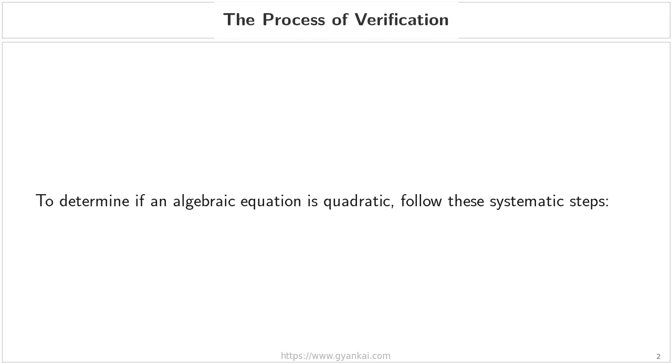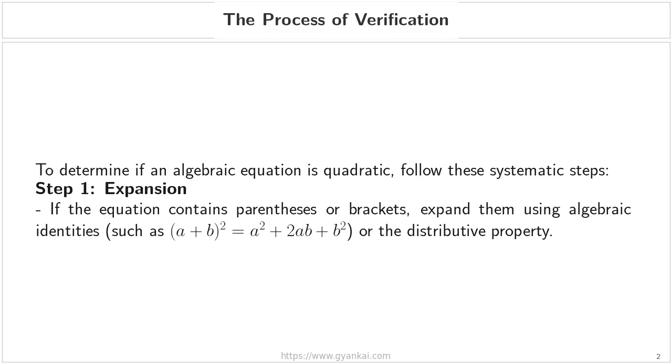The process of verification. Now that we understand that quadratic equations aren't always presented in that perfect, standard form we saw on the first slide, let's look at a reliable roadmap you can use every single time. To determine if an algebraic equation is truly quadratic, you shouldn't guess. Instead, follow these 4 systematic steps. Step 1 is expansion.